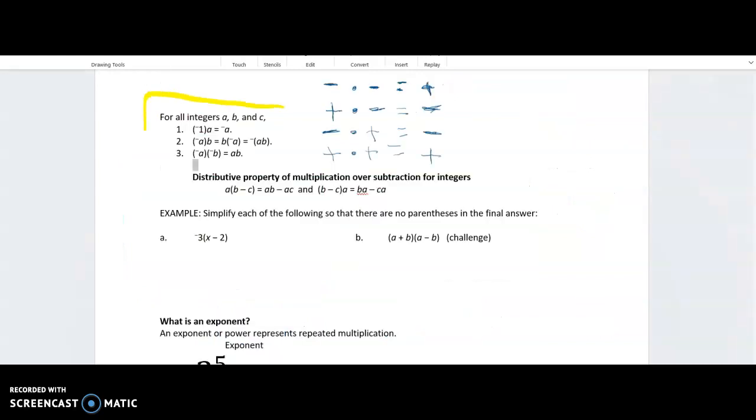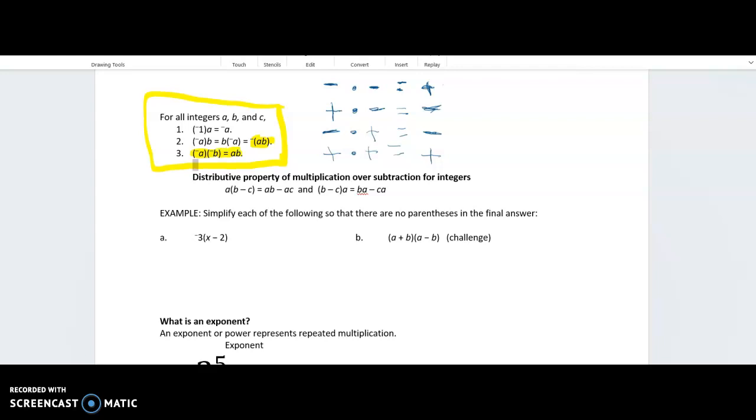As you go into your next page, you'll see just another summary of what we learned about positives and negatives. If I multiply a number by -1, I'll have the negative of that number. If I take a positive times a negative or a negative times a positive, I'll get a negative answer. And when I multiply two negative numbers, as I have negative a times negative b right here, I'll get positive a times b.